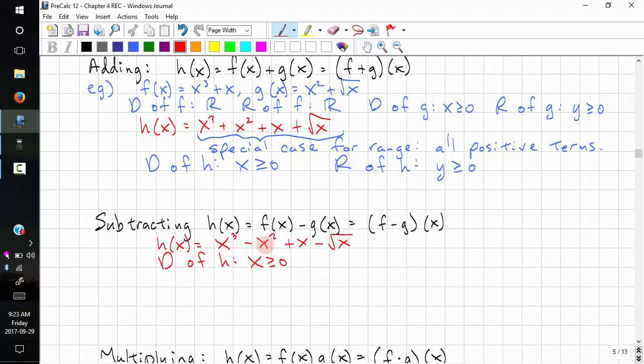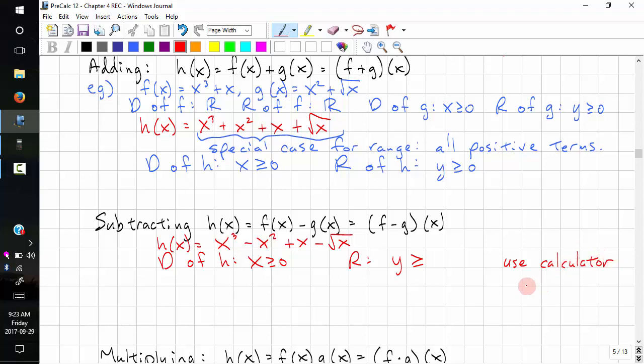And this is a little bit trickier because we have plus and minus. Now, like I said, the range is going to behave like the most dominant term. So this is going to go to positive infinity. So it's going to be y greater than something. And you're not going to get it algebraically, so you have to use a calculator.